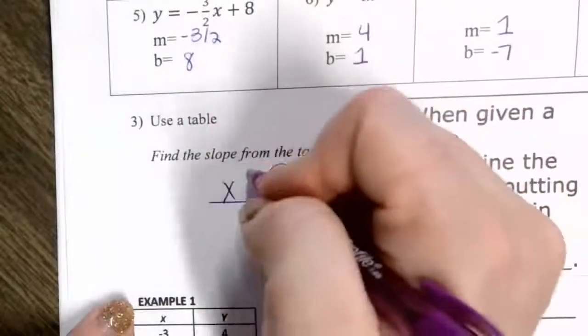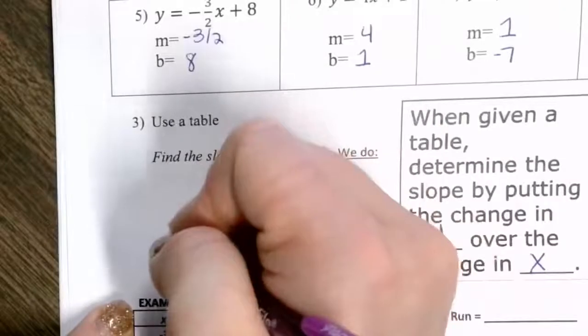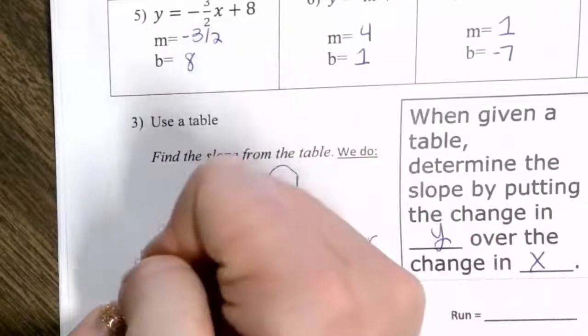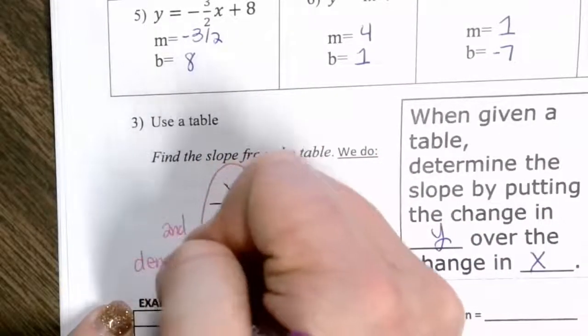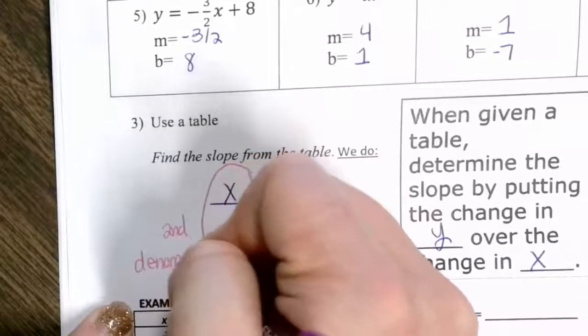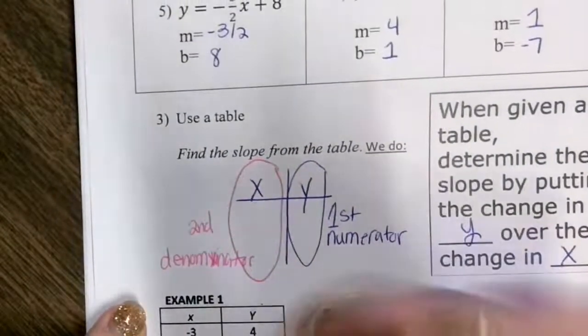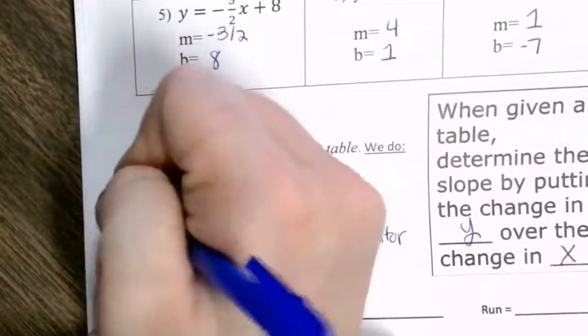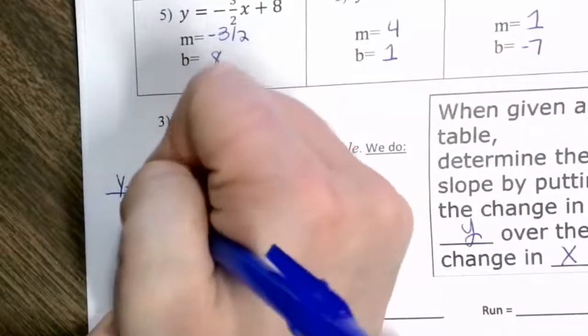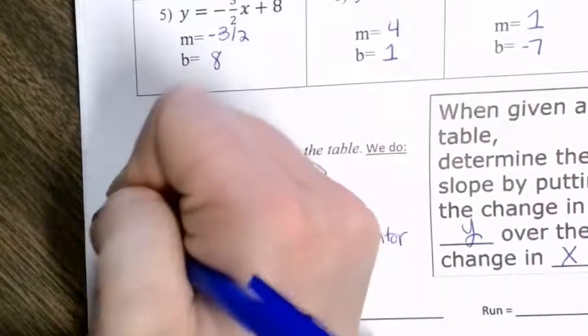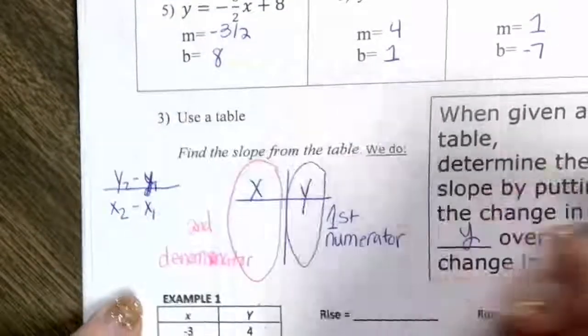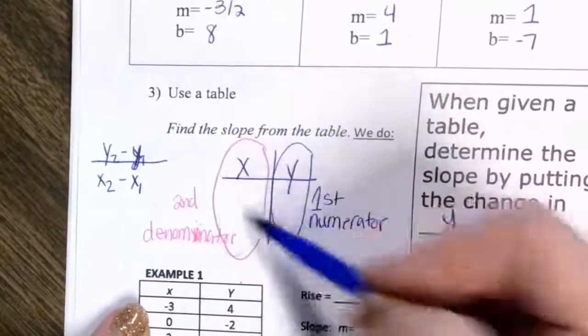And then this side is going to be your second, and it's going to give you your denominator. We're just going back to that original formula that we had, where we had y2 minus y1, that's a change in y, over x2 minus x1. So change in y over change in x. Same thing we did last class.